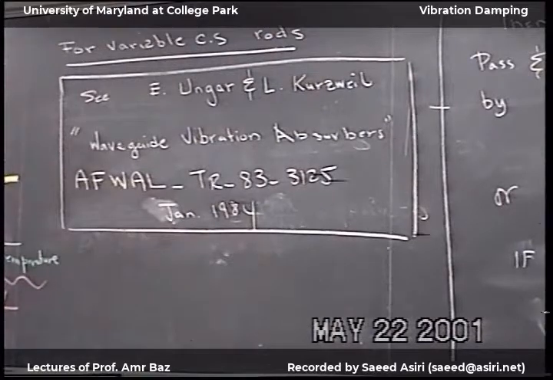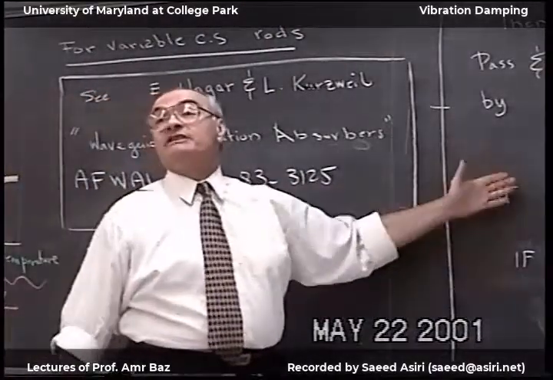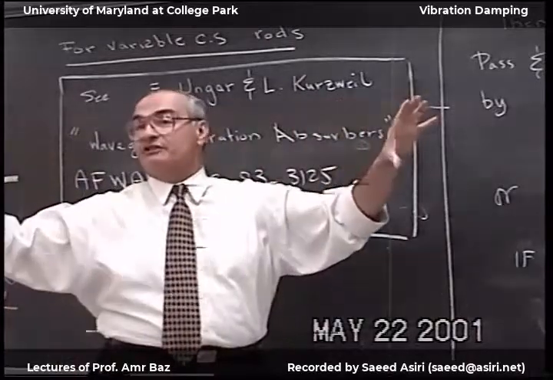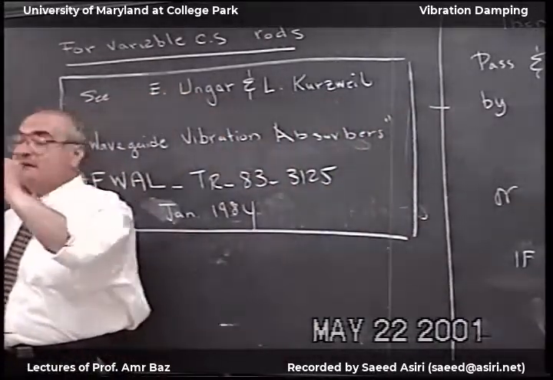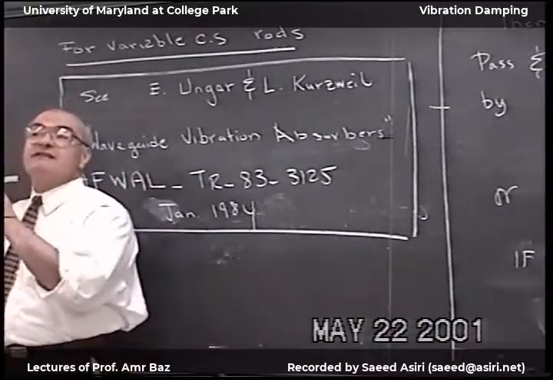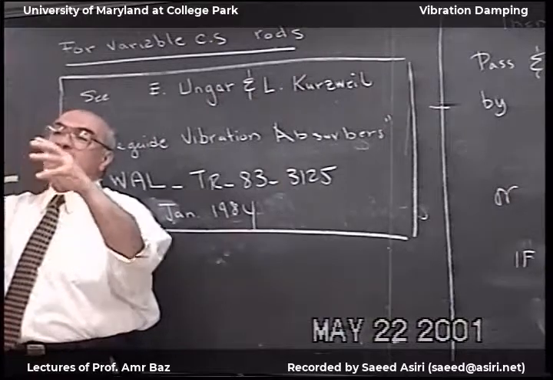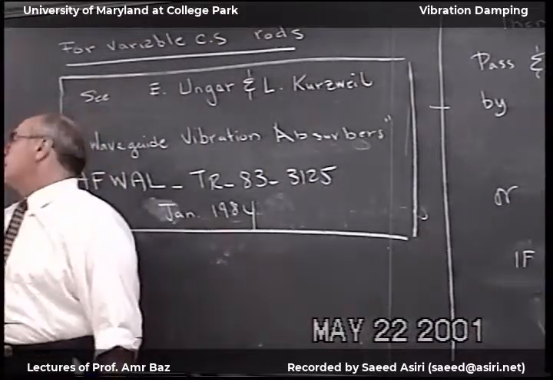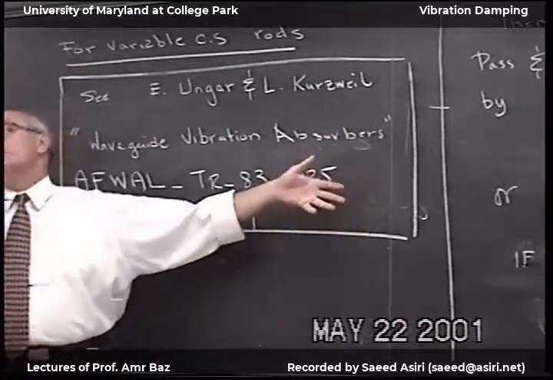In this report, he just shaped the material, and then you create the same characteristic that you can create with a periodic system. So if I have a single element, this single element can act exactly like a periodic system that has many steps, and it can have this stop band and pass band. If you shape the material, exponential is easy because I can get the equation very fast, okay?